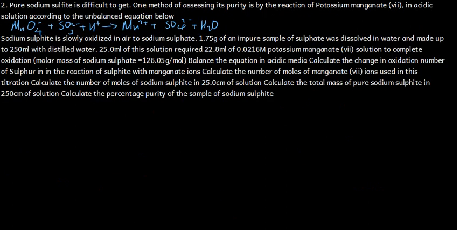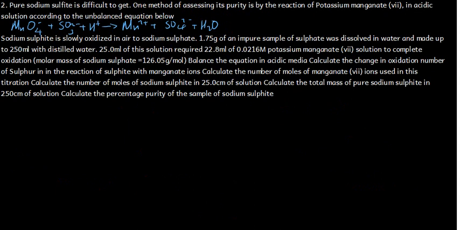Another question given: pure sodium sulfite is difficult to get. One method of assessing its purity is by the reaction with potassium manganate 7 in acidic solution, according to the unbalanced reaction we can see there.